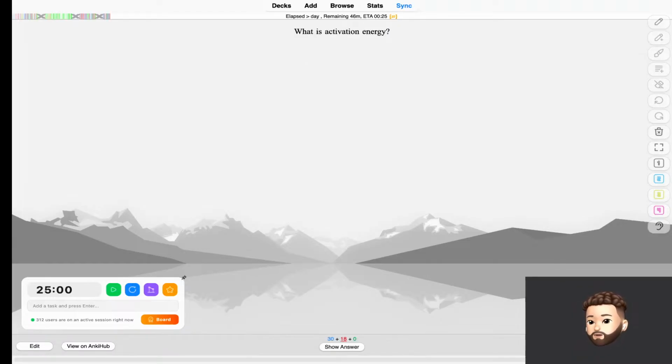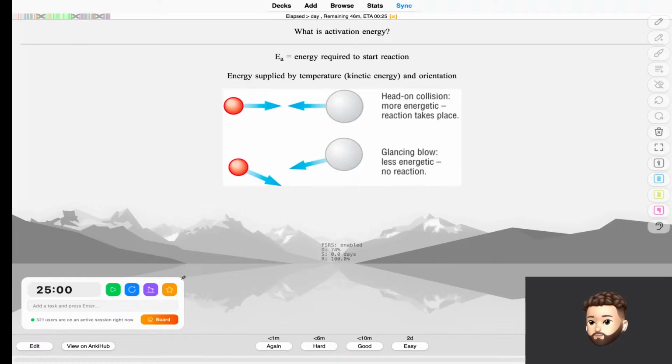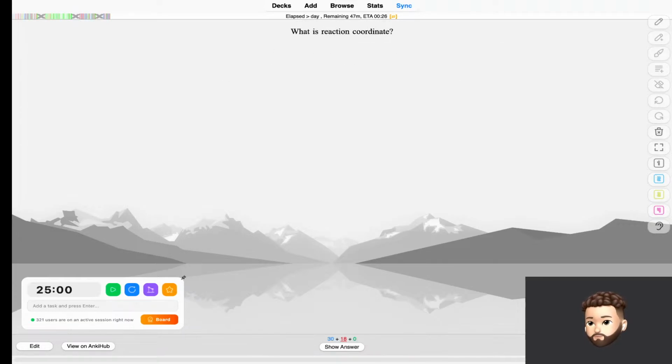What is activation energy? It is energy required to begin a reaction. It's how far along in a reaction you are. The difference between the energy of the reactants versus the products.